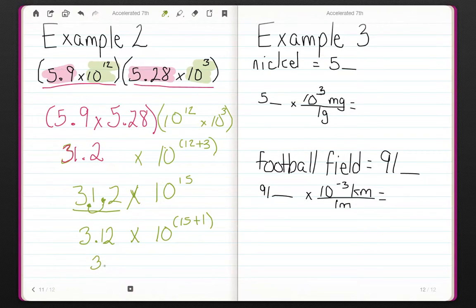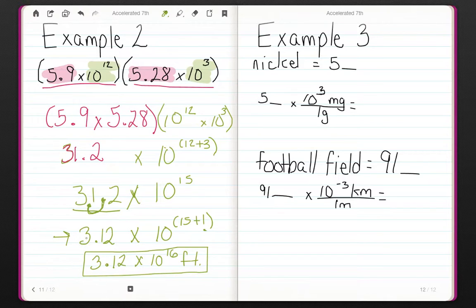So my final answer is 3.12 times 10 to the 16th feet. So again, where did this 1 come from? This 1 exponent came from moving my decimal one place so that my number is less than 10 but greater than 1.